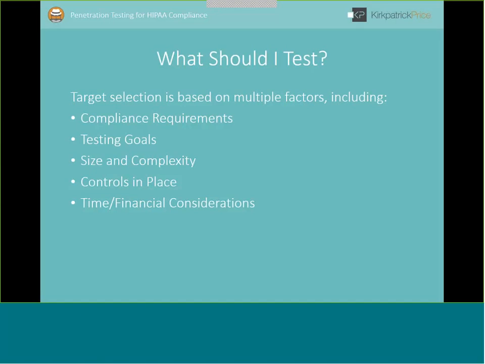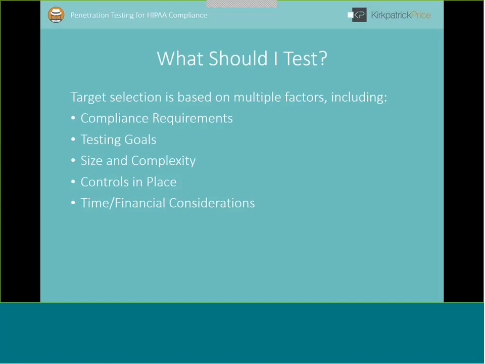Your testing goals, what I mean by that is that when you have decided that you want to perform a penetration test, it's really up to your organization to determine what is appropriate, what the goals of that test should be. As a penetration tester, I can give you some guidance on what I think should be tested based on just my limited understanding of your environment.